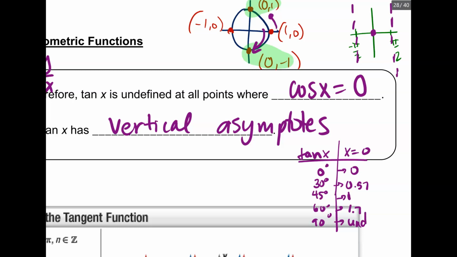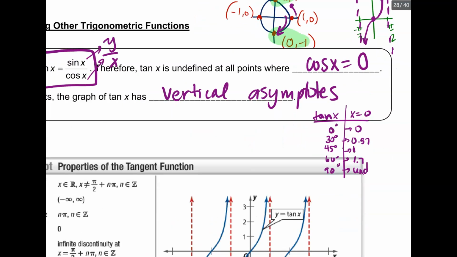So we said from 0 to 90 it's increasing, so it's going to look something like this. And if I did tangent of 0, tangent of negative 30, tangent of negative 45, tangent of negative 60, you would see that the other side goes down towards an asymptote as well. So that's what this is showing you.